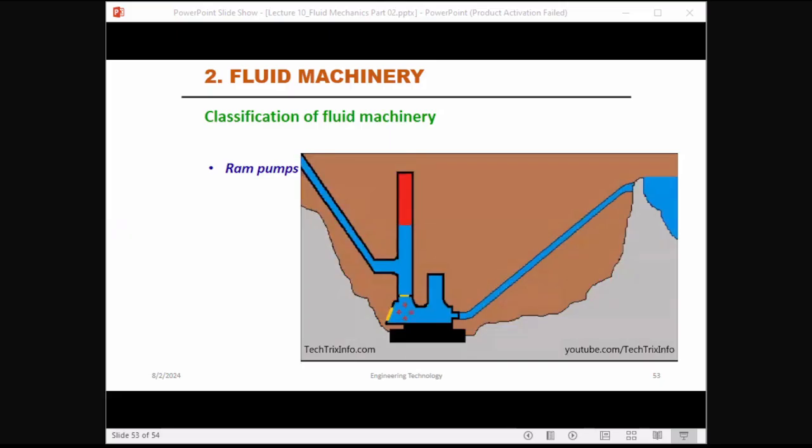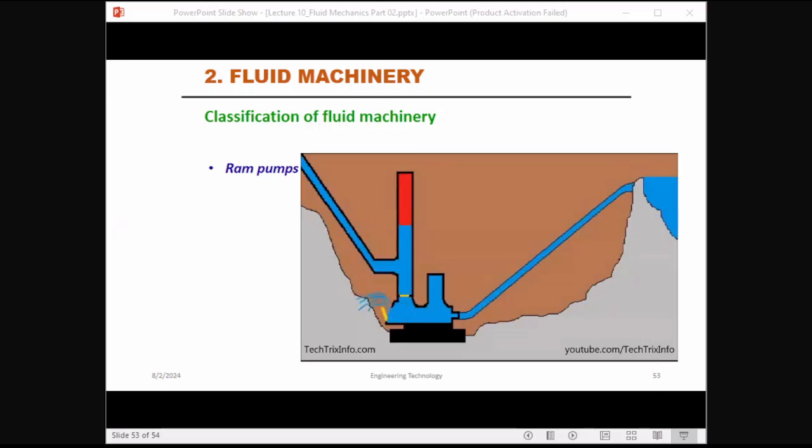So you can understand that no external power is required for the functioning of a ram pump here. It just works due to the pressure from the uphill. The water flows from the uphill due to gravity, and the pneumatic pressure inside the pump results in its working. And after a particular limit, the pressure drops. When one delivery is happening, the pressure drops inside the ram pump.